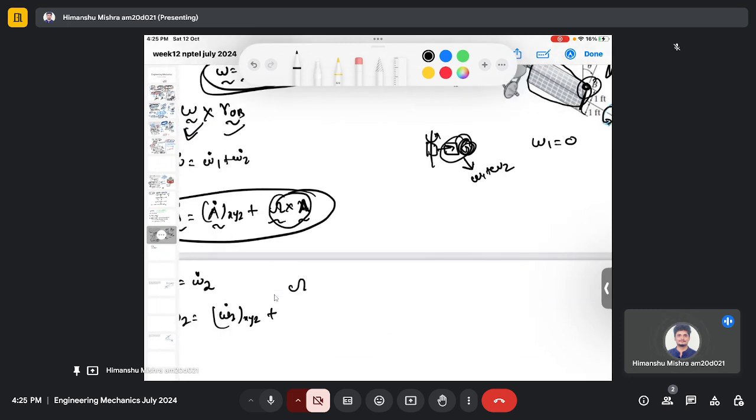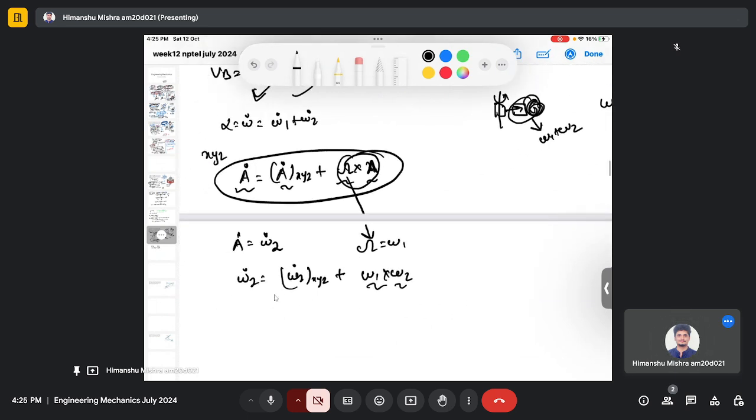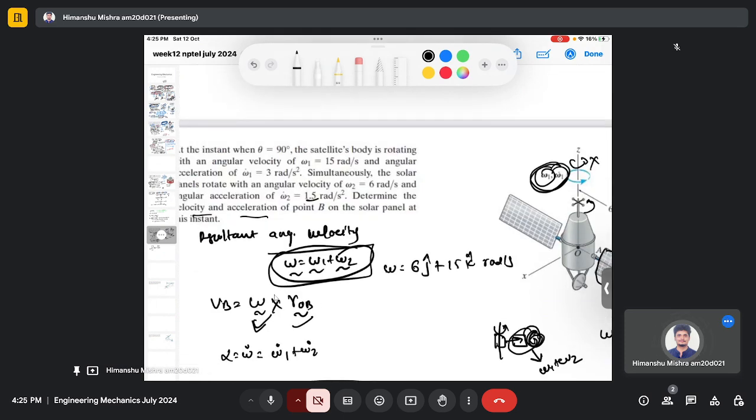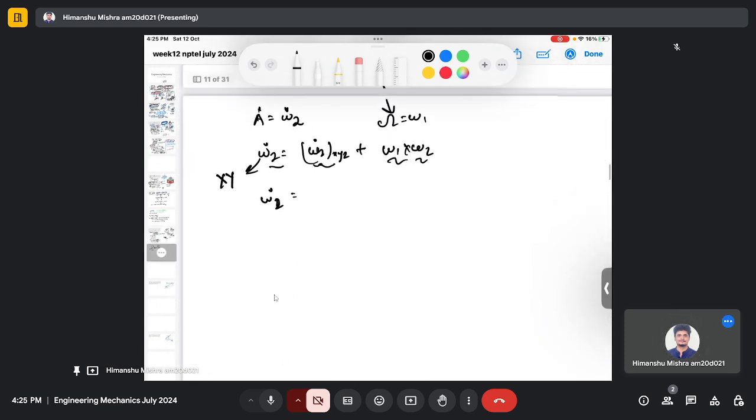So my capital omega here is omega 1, so omega 1 cross omega 2, all in vector quantity. So this is omega dot 2 in the fixed frame, and my omega dot 2, which is given in the question, is 1.5 rad per second square.